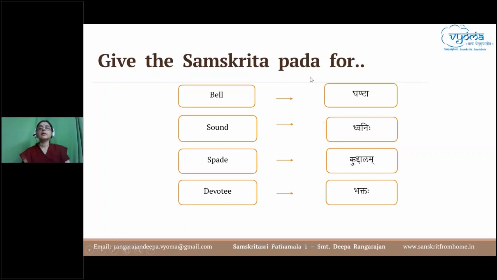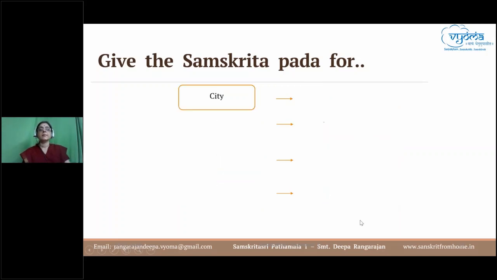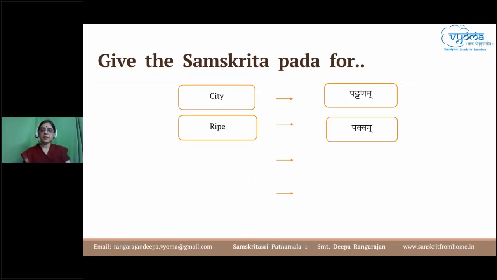Jayanti Prabhakar, do you want to try the next? City. Pattanam. Very good. Pattanam, there is a double takara. Pakvam. Very good. Pakvam is ripe or cooked.